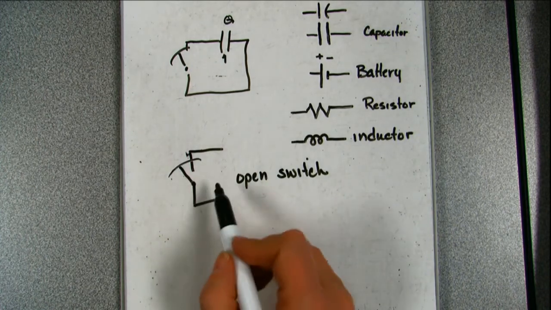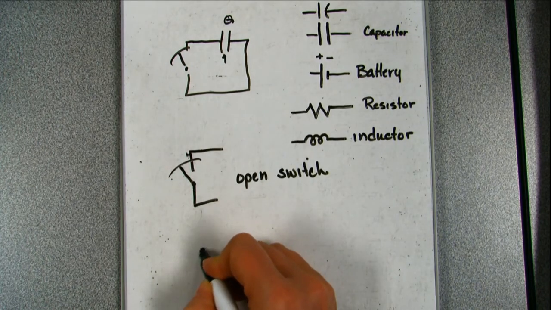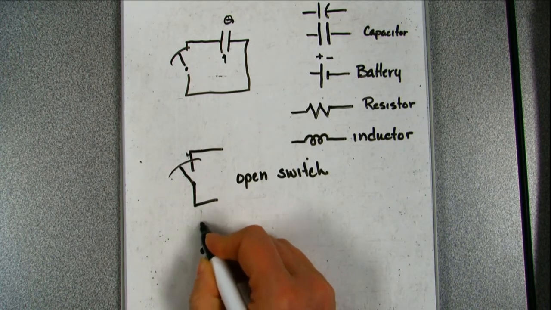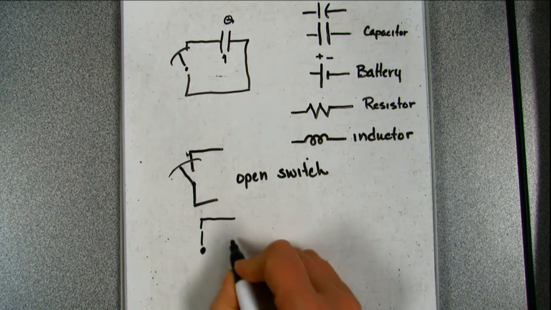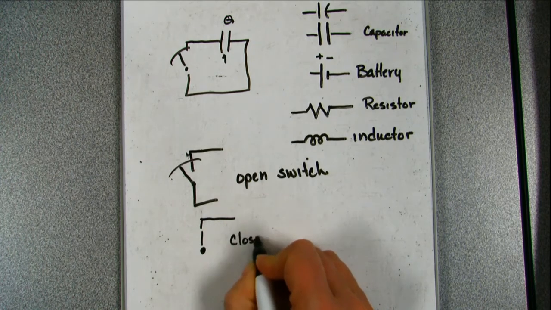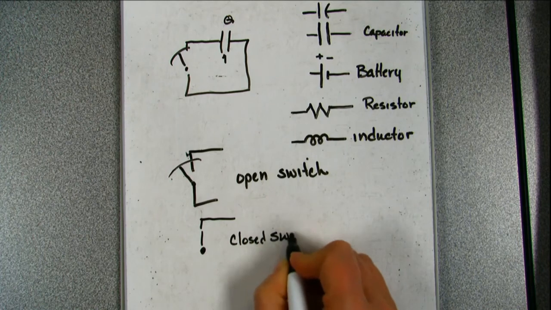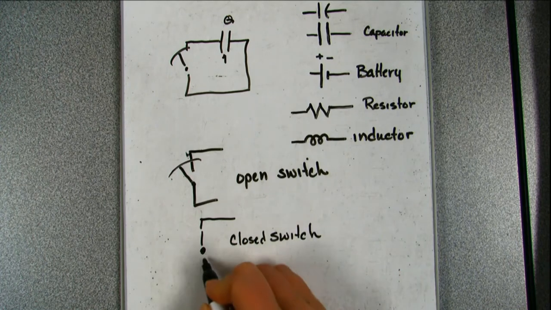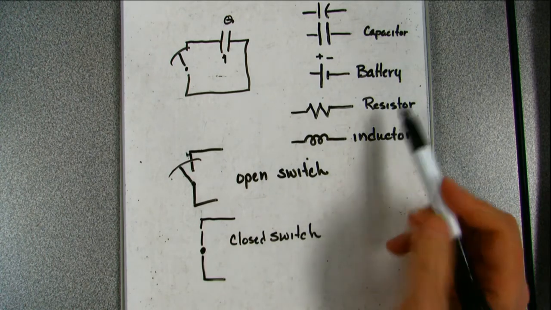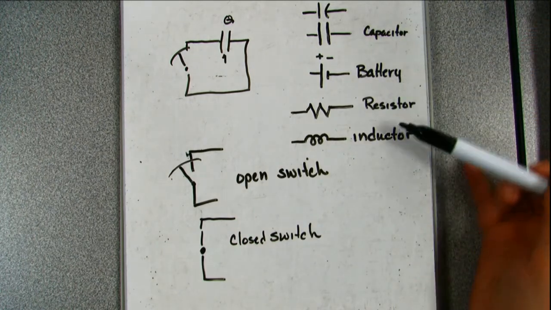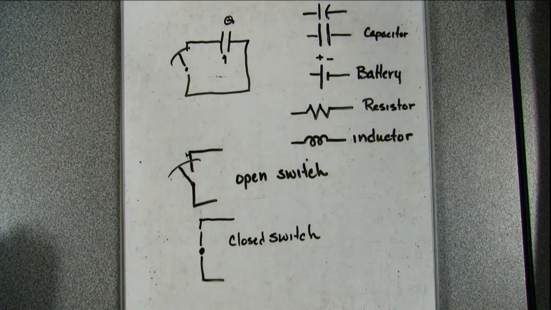So I've got an open switch, and a closed switch is usually represented like this, so that you can see that the switch is closed. So we will have these symbols that we will use to represent our various electrical devices as we move forward.